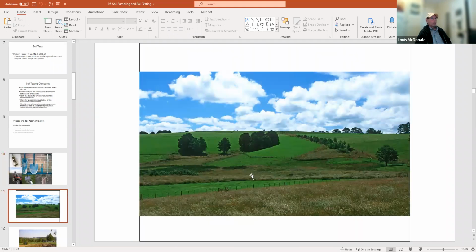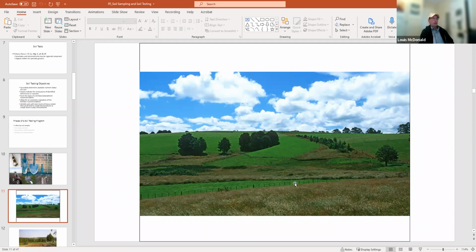Okay, so let's talk a little bit about designing a sampling plan. Here's something not unlike what we might see in grazing areas of West Virginia. What you want to do is define your management zones, right? A management zone is anything you or your client are willing to manage uniquely.